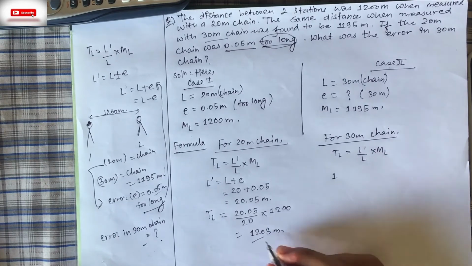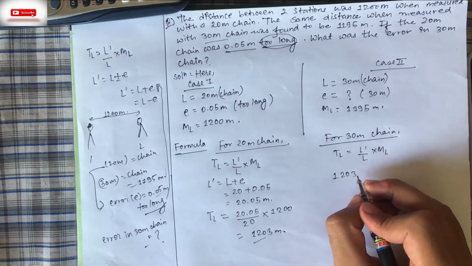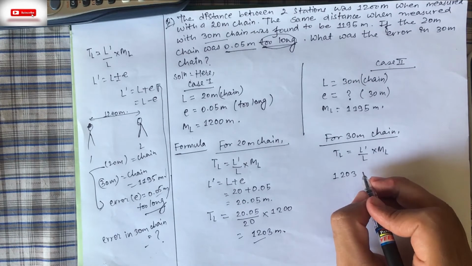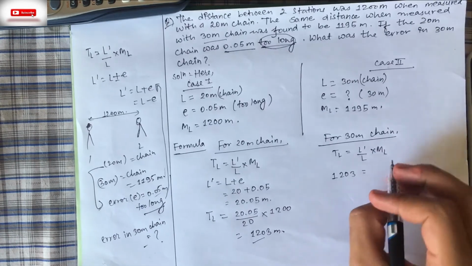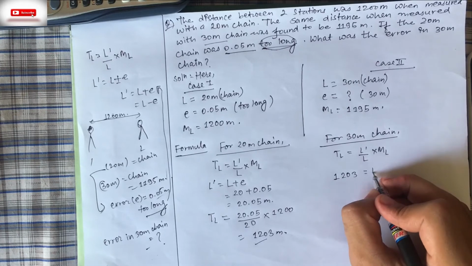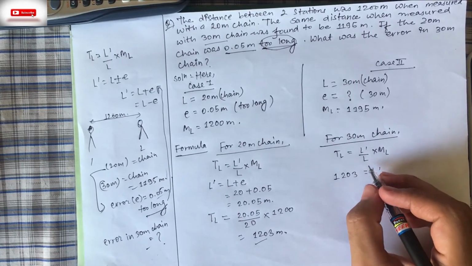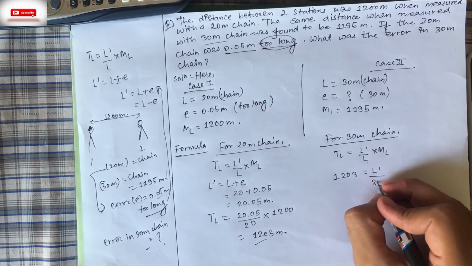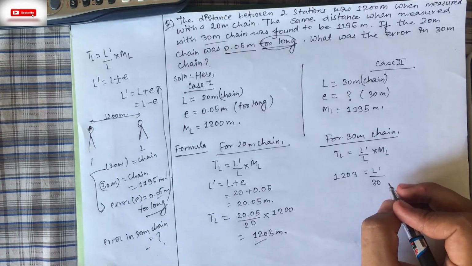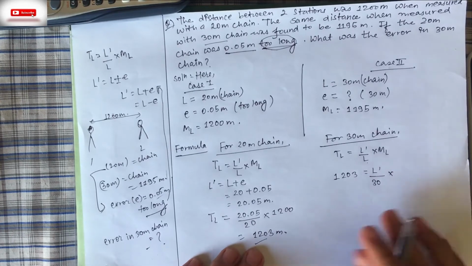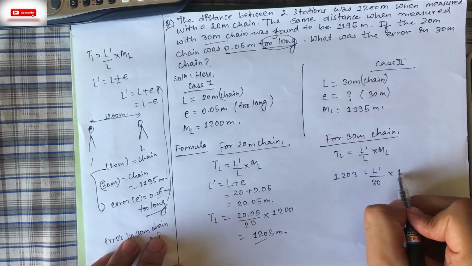So we write 1203 is equal to L dash upon L, and L is 30 meter and ML is 1195.